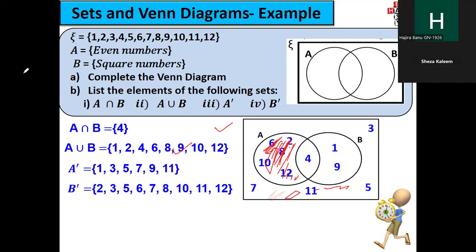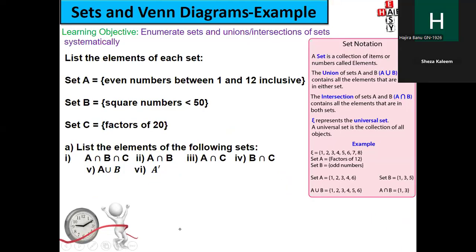Right. So you understood how to do Venn diagrams? Yes, it looks easy, but your questions will not be this much easier. This is only your basics. Now do this question.